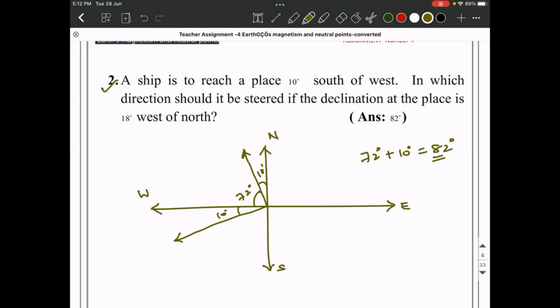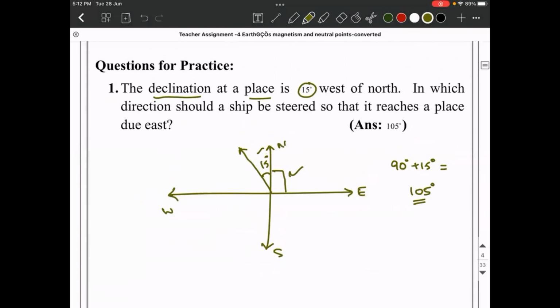Yesterday, I told you about the fact that the geographic north and the magnetic north will never coincide. Is it clear? So at most, these kinds of problems will come. If the opposite, it will go for a reflex angle.